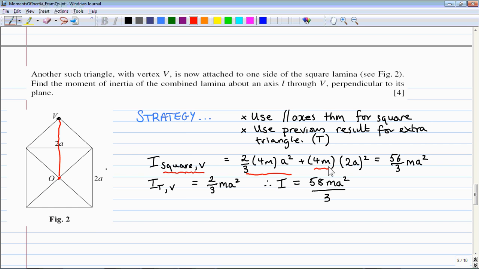So I've got 4 times 4 plus 8 over 3, giving a total of 56ma² over 3. Now the moment of inertia of the triangle about V: for this you just use the result of the previous part of the question, 2/3 ma². Add that to that, and you get 58ma² over 3.